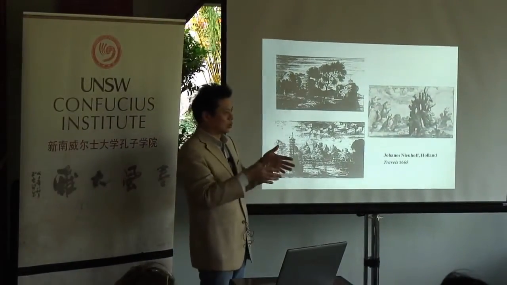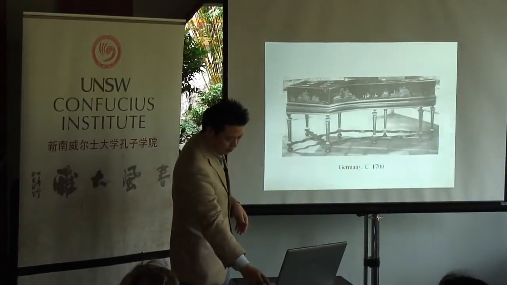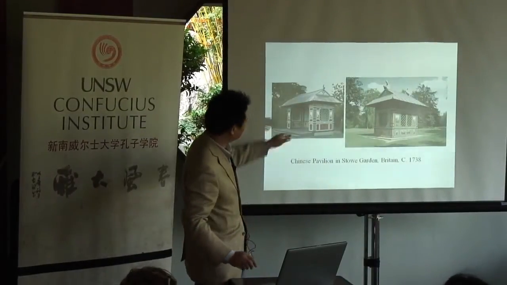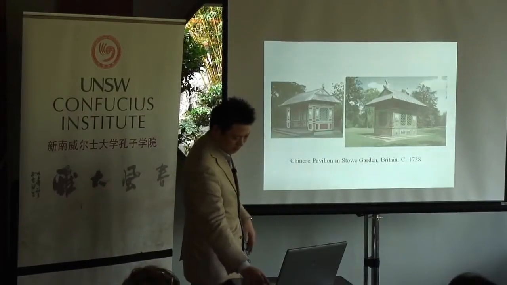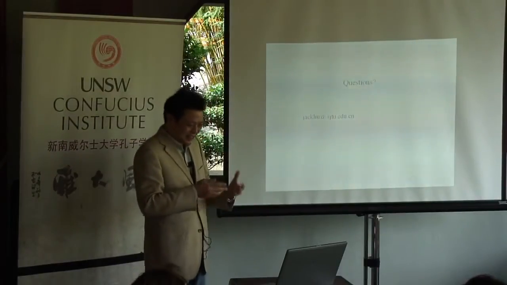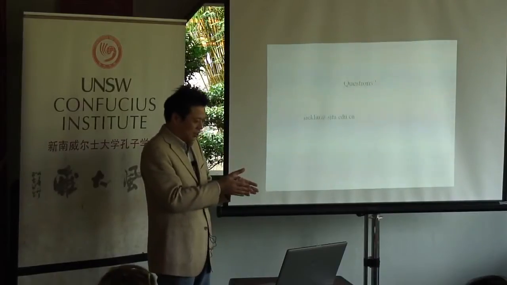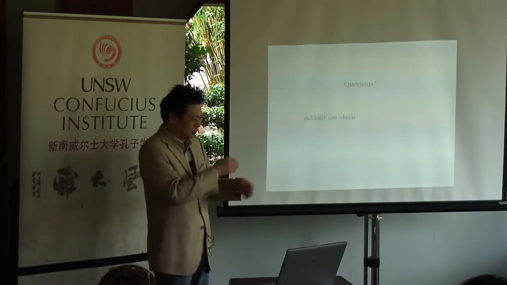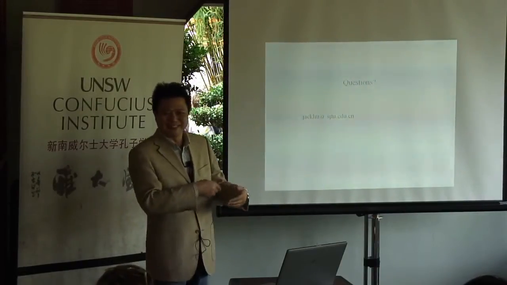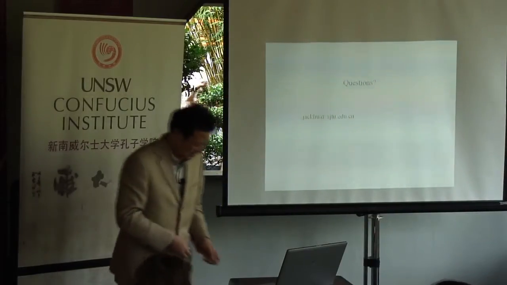So East and West affect each other, like the little Chinese painting or Chinese garden in Britain. So that's all. Maybe there is a very interesting topic about Chinese and Western civilization, how they affect each other. Maybe we have time to talk next time. Thank you.